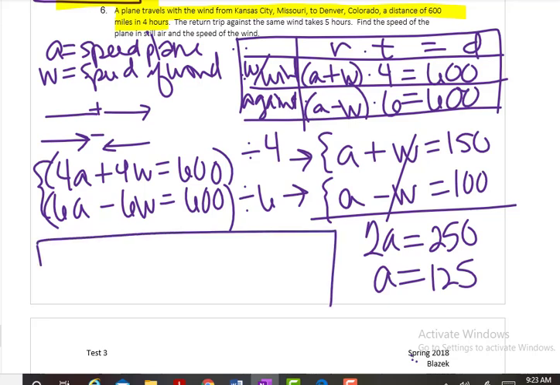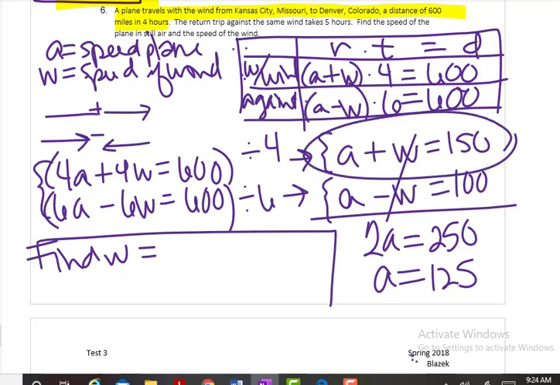Okay, so now I need to find my W. For my W, I'm going to use this equation here because it's really nice and simple, right? Let me rewrite that. I know my A is 125. I'm going to add my W is equal to 150. Now, if I subtract 125 from both sides, I get 25.